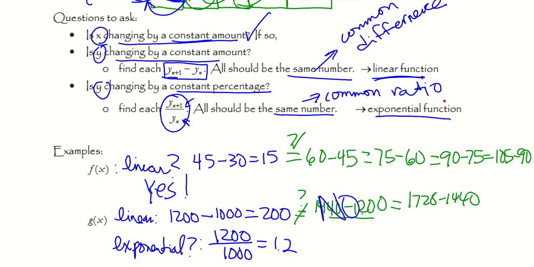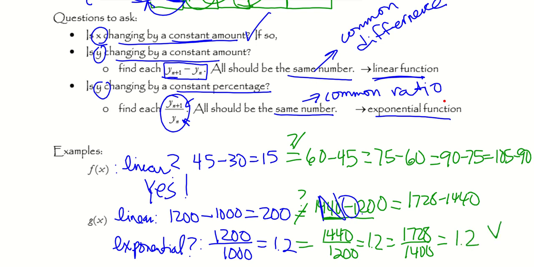The question then is, do I get 1.2 when I divide my next y, 1440, by 1200, the previous y? If you check that, you do get 1.2. If we go on and divide 1728 by 1440, we also get 1.2. So is it exponential?